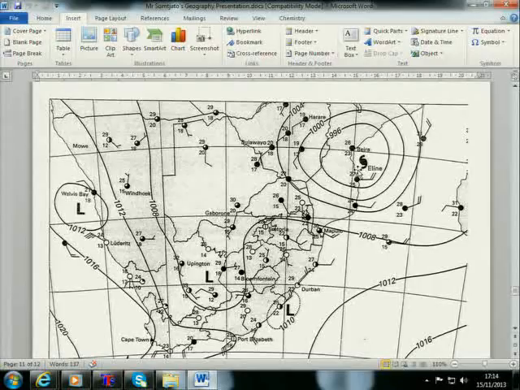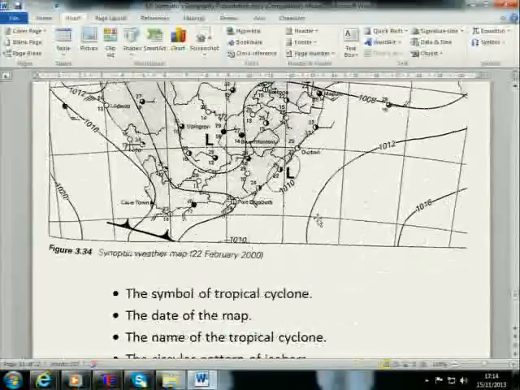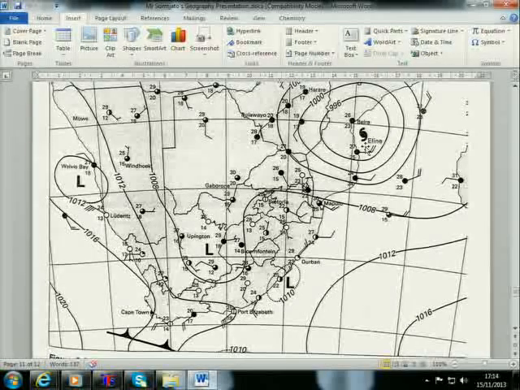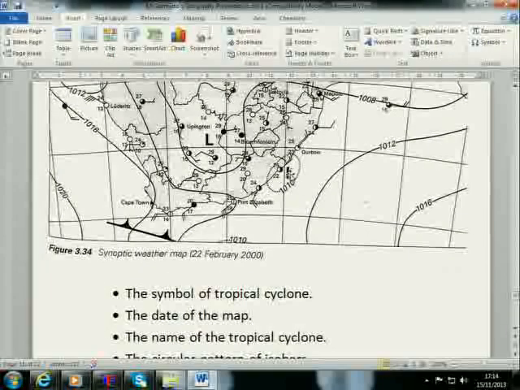Remember, one of the characteristics of the tropical cyclone is that they occur in summer. So when you look at the date of the map and you look at the symbol, they will agree that it is a tropical cyclone.